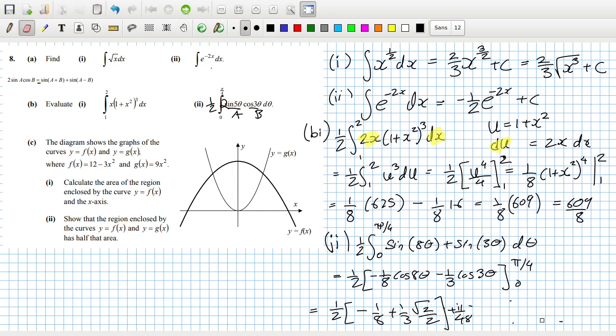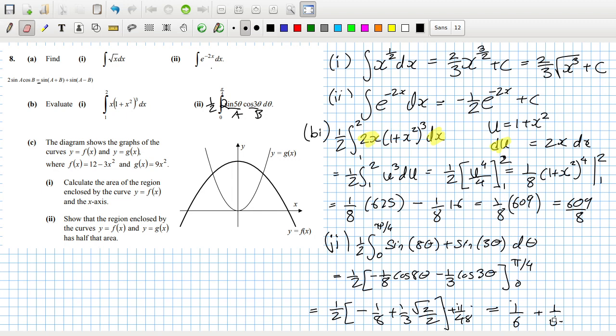Okay, so let's see, 11. So let me see now. A half times minus a half times minus 1/8 plus 11/48. Okay, so that's 1/6 plus 1/6.